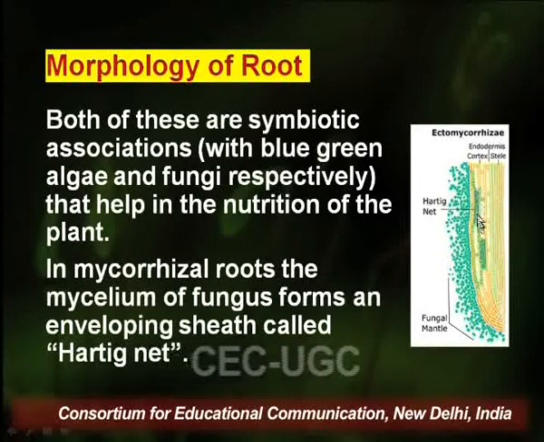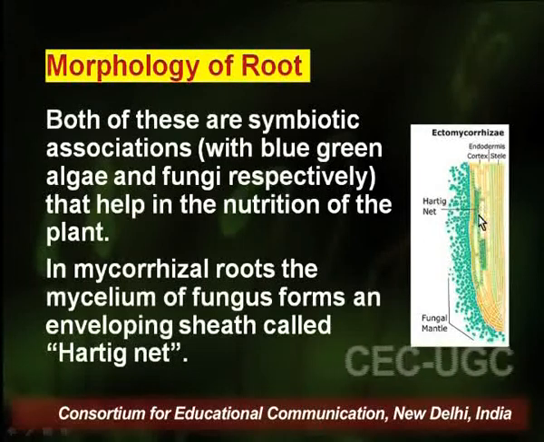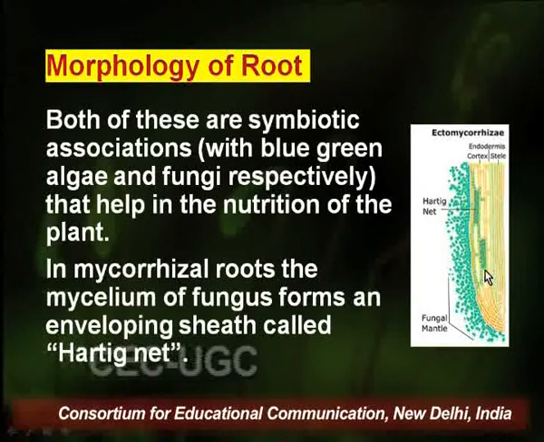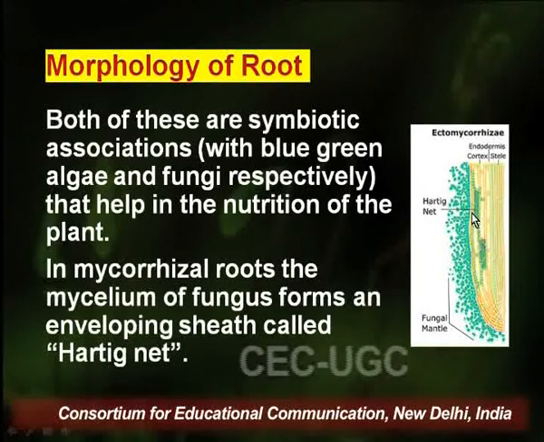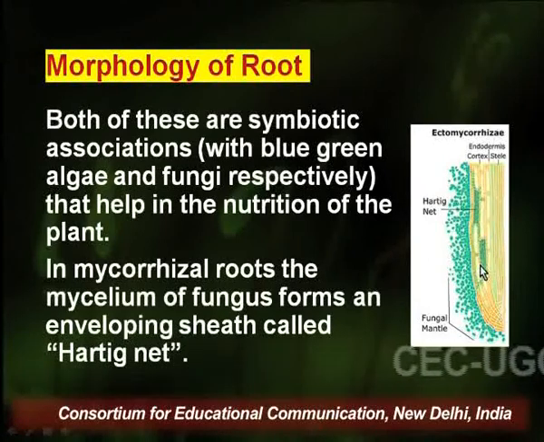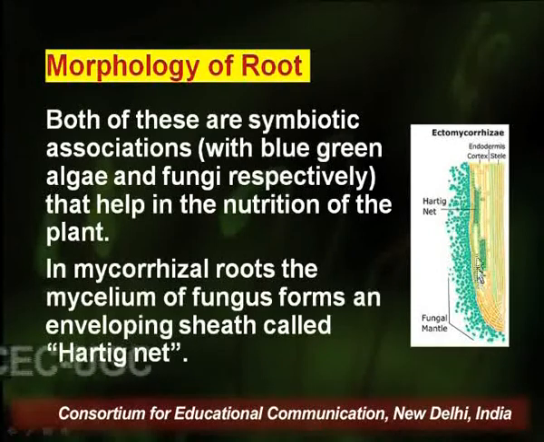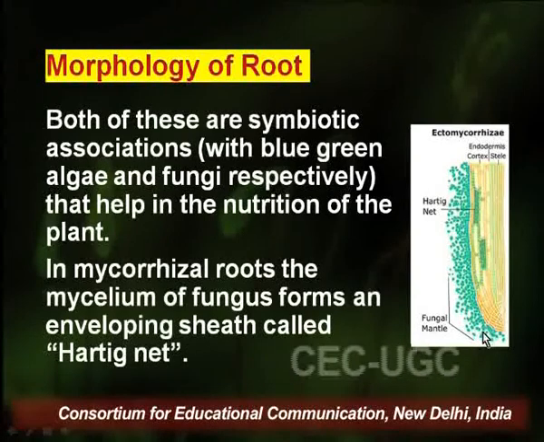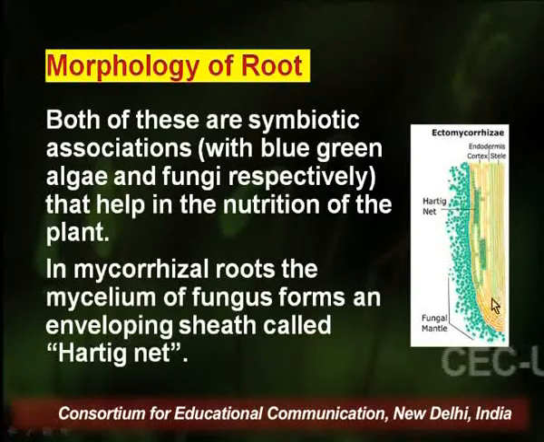Here you can see diagrammatically that the cortical cells have a very profuse channel of mycelium and they form a very thick net-like structure. Since it was first discovered by the biologist Hartig, the term Hartig net has been given.